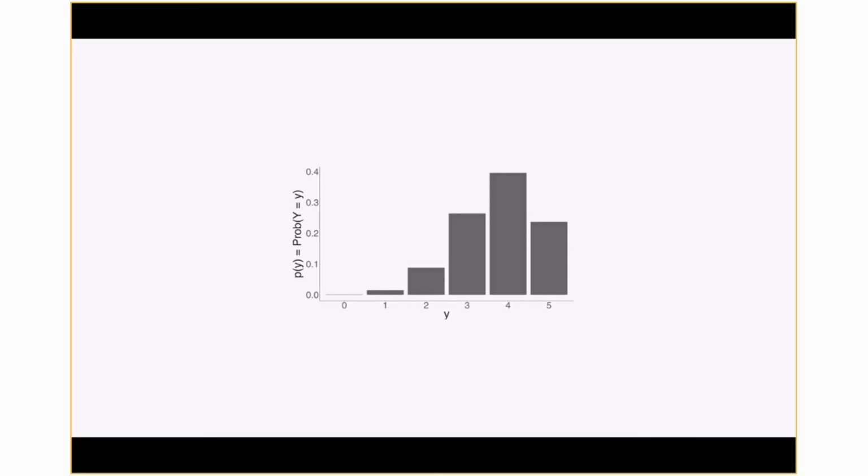Another way in which we could represent a probability distribution: we saw it could be represented as a formula, we saw it could be represented as a table, and we can also represent it as a graph. And here we see a graphical representation which shows, for example, that the probability of y equal to 1 is 0.015.